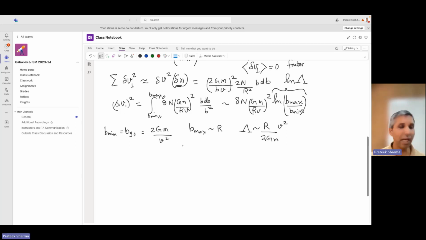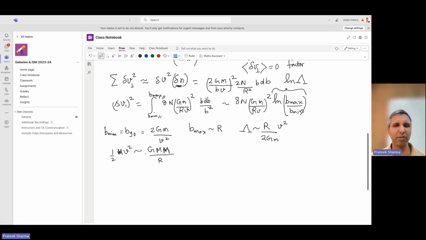But we know that in a gravitating system, velocities are determined by the depth of the potential well. From the virial theorem, for example, we know that half M v squared is of order G M by R, where M is the total mass.